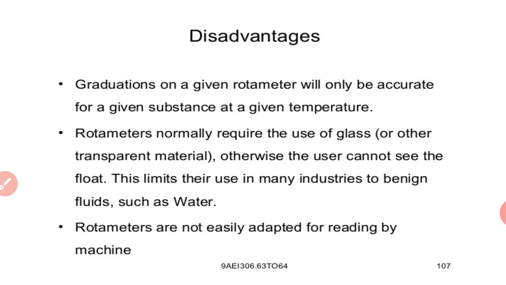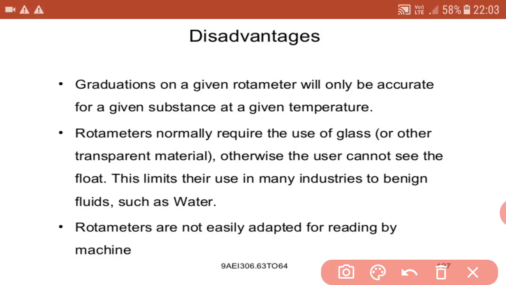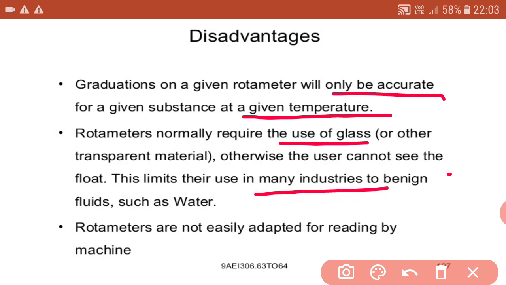Disadvantages. Graduations on a given rotameter will only be accurate for a given substance at a given temperature. Rotameters normally require the use of glass or other transparent material. Otherwise, the user cannot see the float, and this limits their use in many industries to fluids such as water.